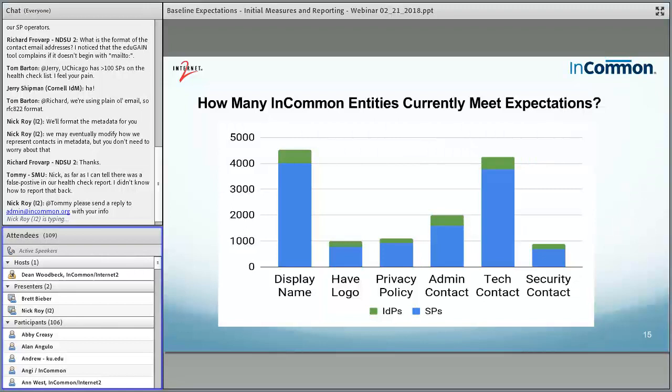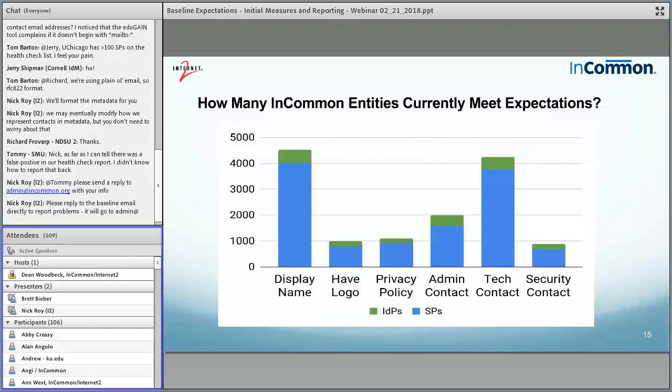Similarly, on the privacy policy, we've got some challenges there. Admin and technical contacts, those are doing pretty good. Technical contact, obviously, we are technical people, and so we're probably comfortable putting a name inside the technical contact. Administrative, some people may be cautious: I don't want to put so-and-so's name inside the public metadata. Is he going to receive calls?